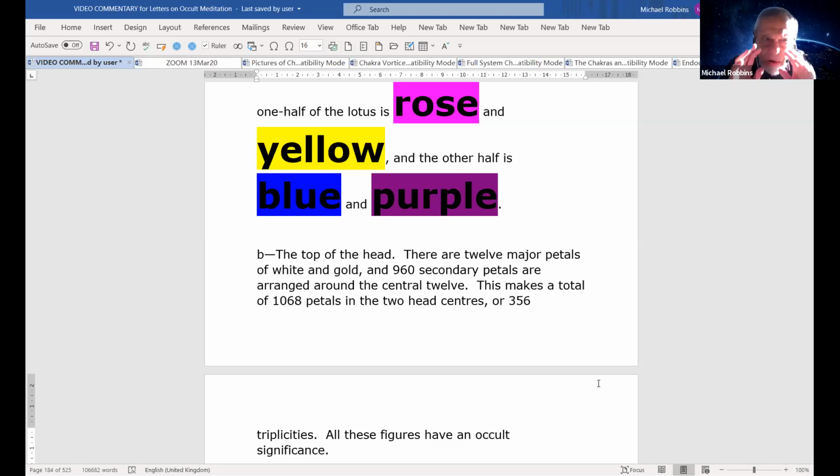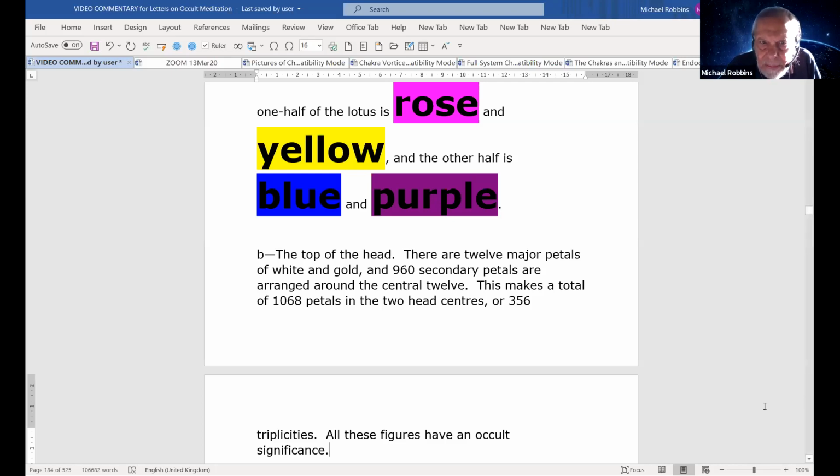We notice that that glowing golden color is connected with the heart center, and also the golden color is connected with the heart in the head. 960 secondary petals are arranged around a central 12. And this makes a total of 1,068 petals. There would be 32 left for 1,100 in the two head centers.